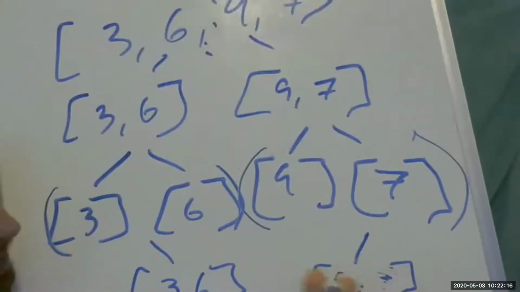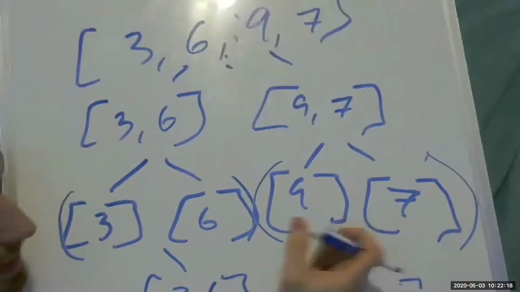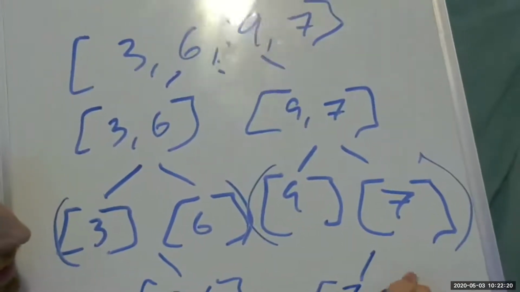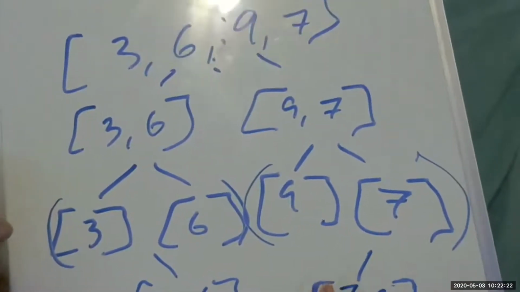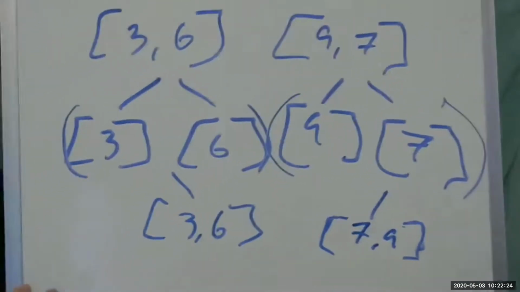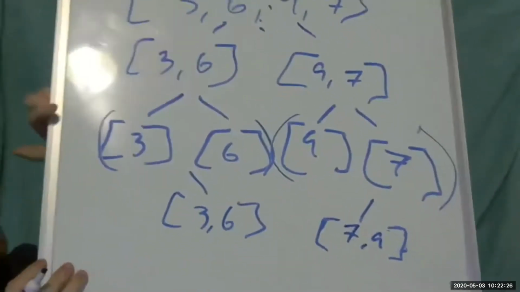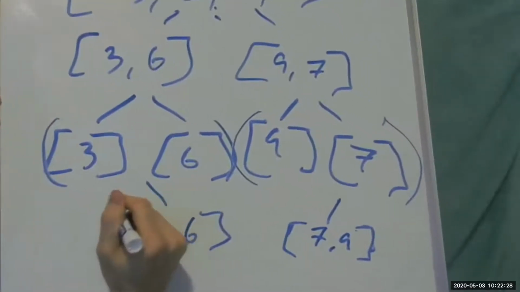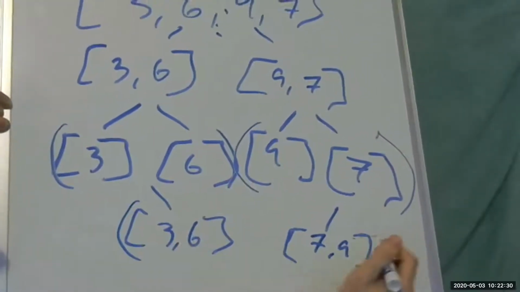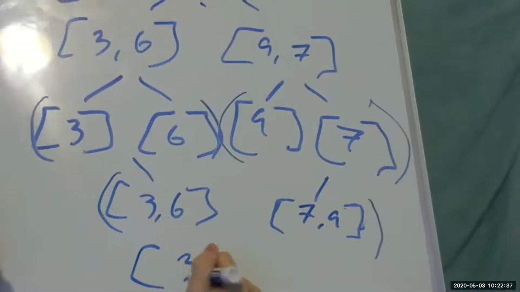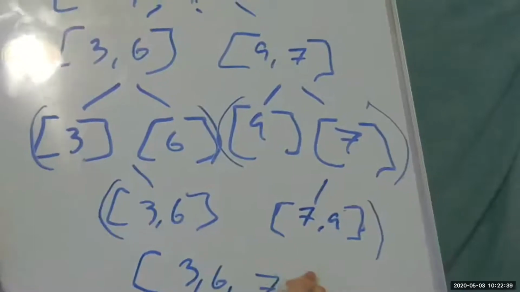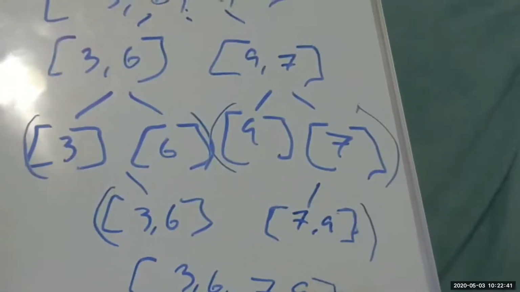I'm sorry, that's not merging correctly. 7, 9, right? Because it needs to stay sorted. That's the whole point. And then on the recursive call, these are going to get merged because these are both now sorted arrays. So we're going to end up with our 3, 6, 7, and 9.